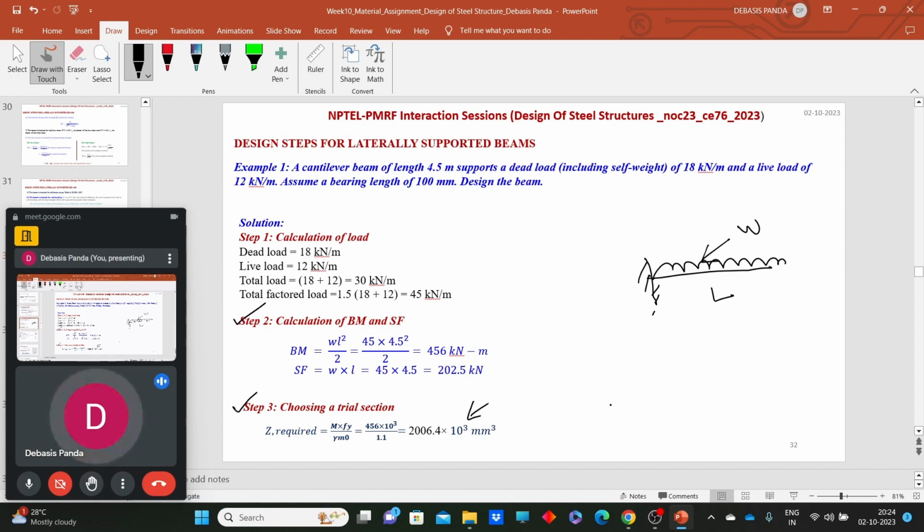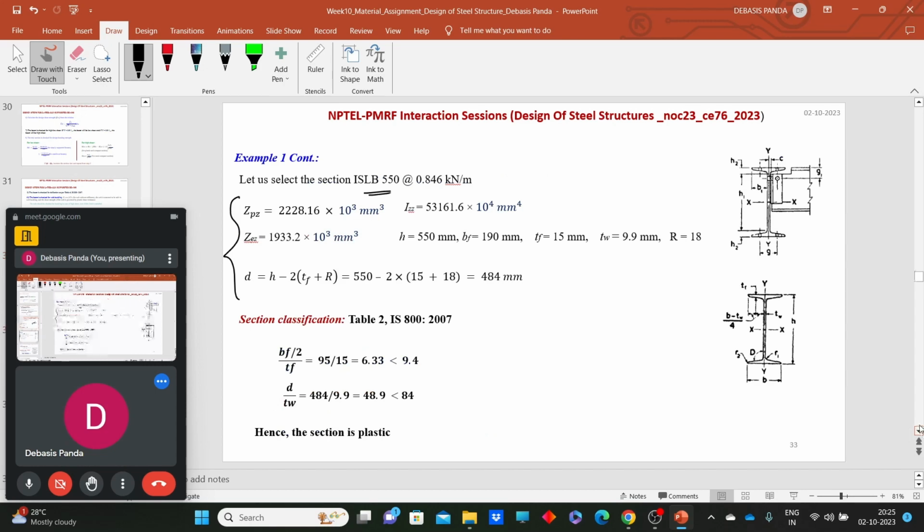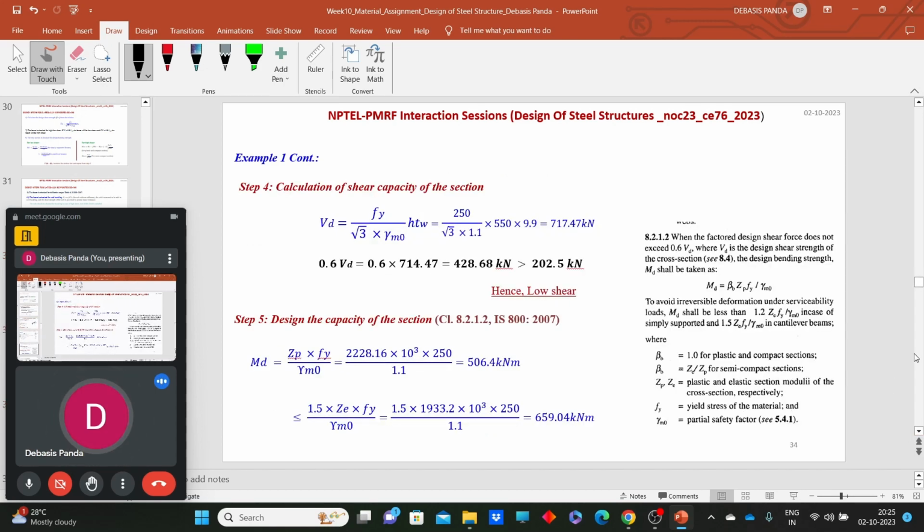Otherwise we would have had to calculate the beta b value. Then we calculated the design shear capacity, and checked whether the section is under high shear or low shear.